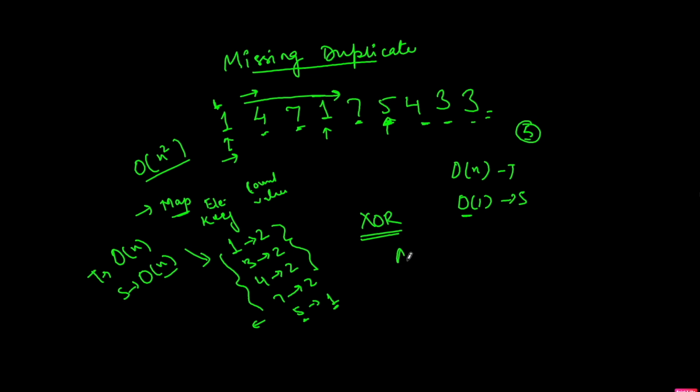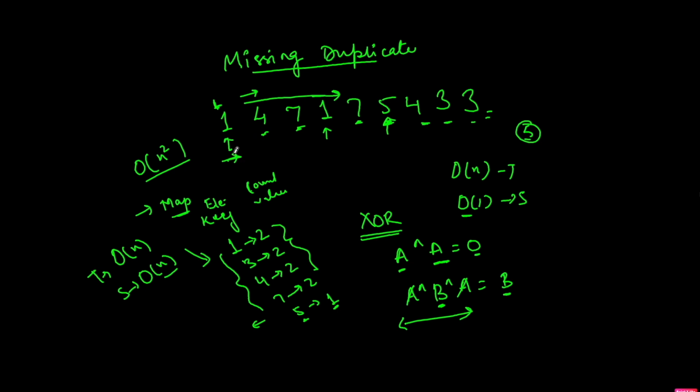We know in XOR, A XOR A is equal to 0, right? An element XORed with itself becomes 0. So A XOR B XOR A is B, because A will cancel with A and become 0, so the remaining would be B. Now we know this property.